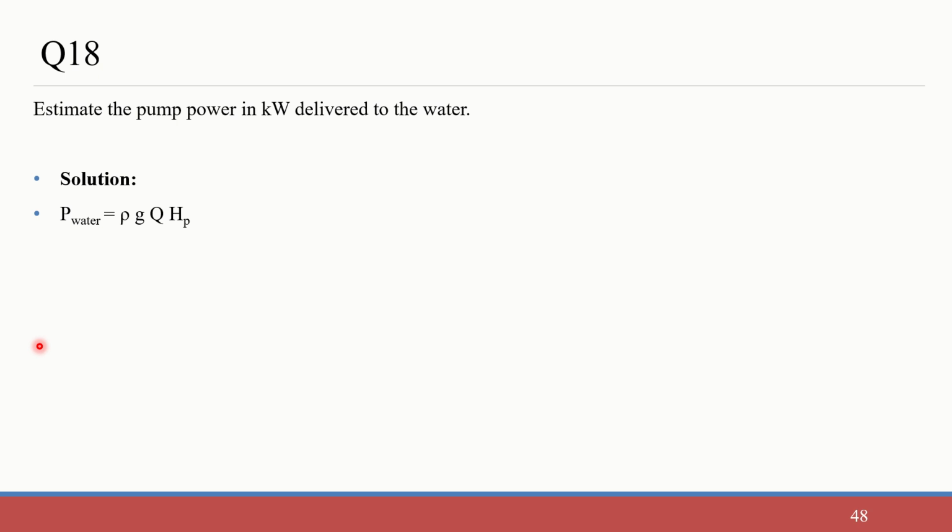HP is the pump head. So it is 1000 into 9.81 into 400 divided by 3600 into 176.40. On substituting all the numerical values, we will be getting the answer as 190 to 276 watts.